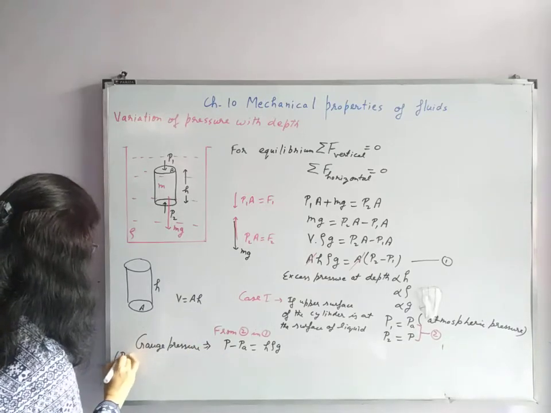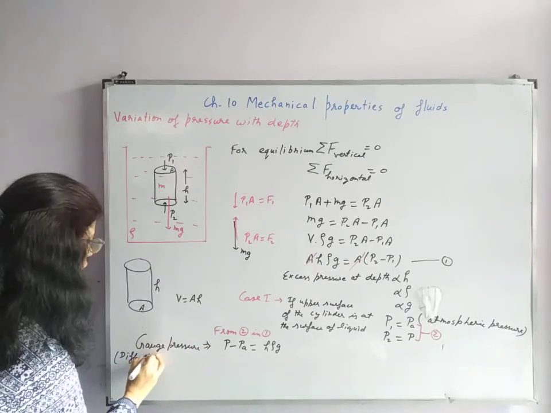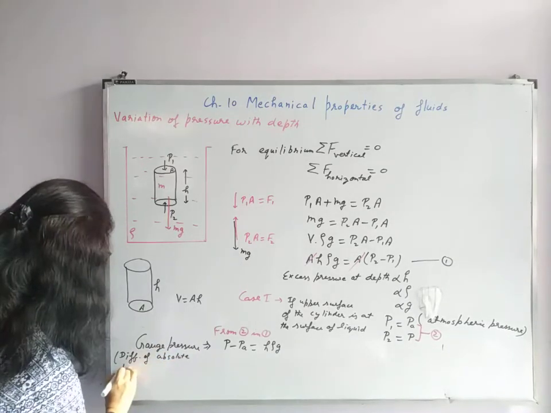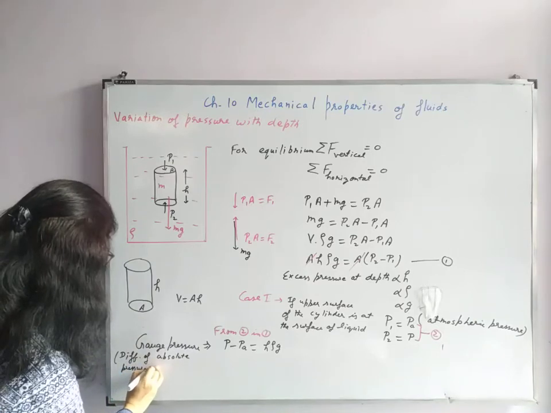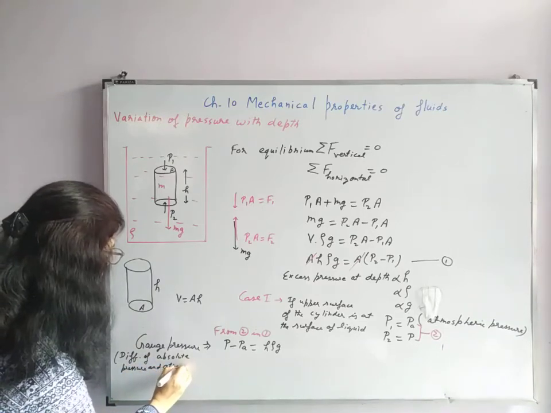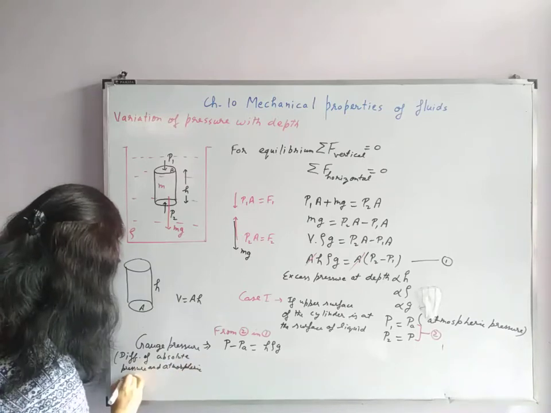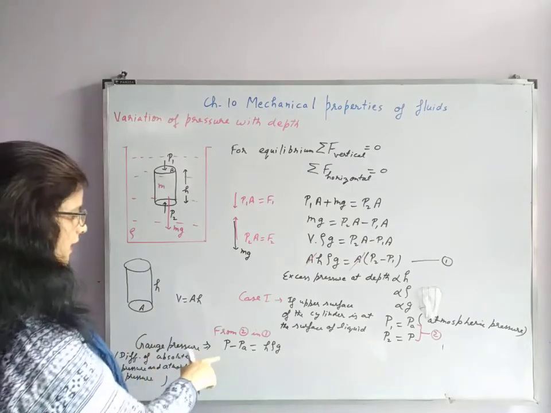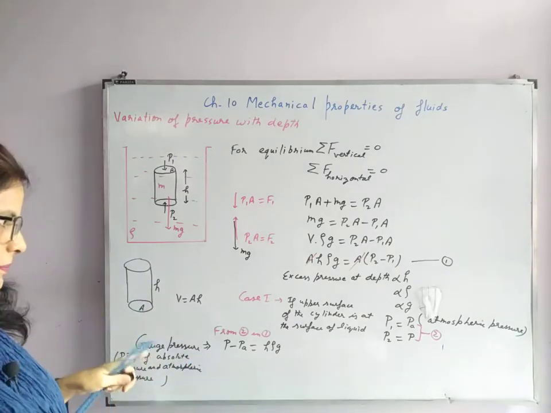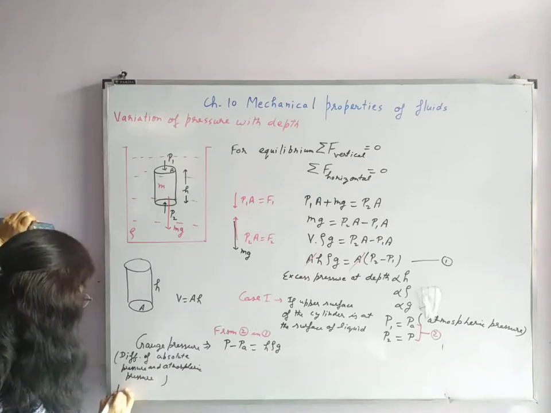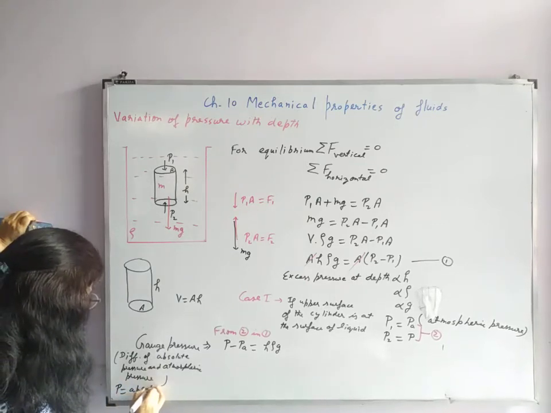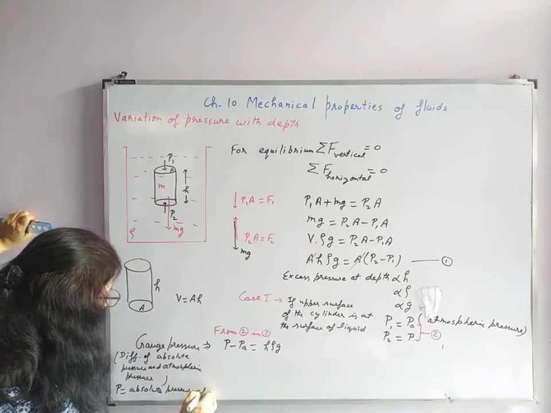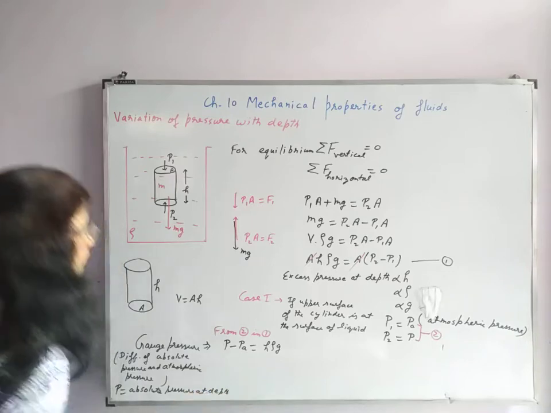Gauge pressure is the difference of absolute pressure and atmospheric pressure, right? So if I want to find this absolute pressure, here P is considered absolute pressure at depth, right?